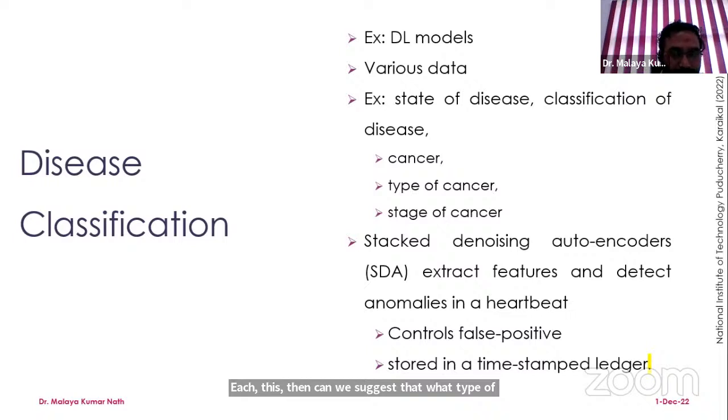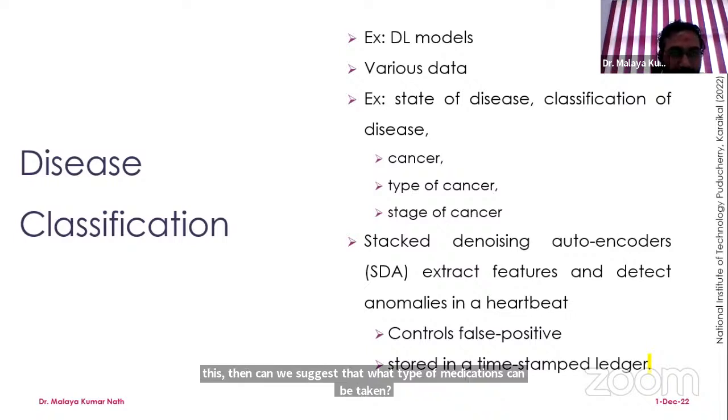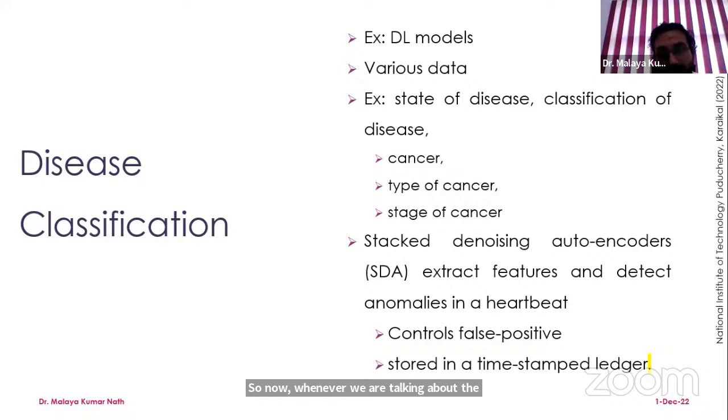Whenever we are talking about medications, we are looking into some prior information about this type of cancers, such that this automatic model can suggest some medications, and which requires the information from the distributed servers.